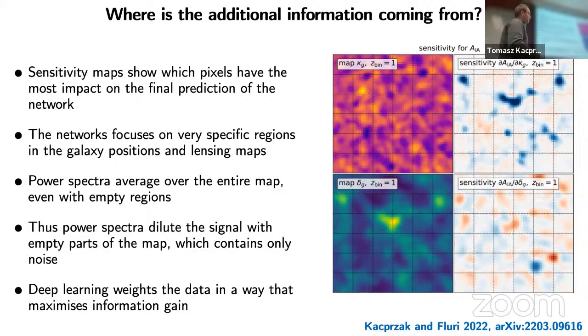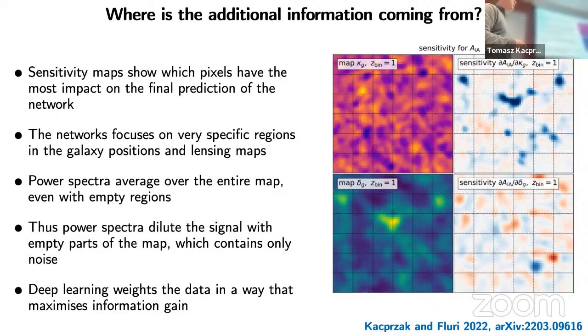What the network is doing is, first of all, looking at this galaxy overdensity map, finding some region here, and then going to the lensing map and saying, okay, in this region I need to use these pixels to give me the information about what the shapes of galaxies are, how strong the signal is, and it ignores all the rest.